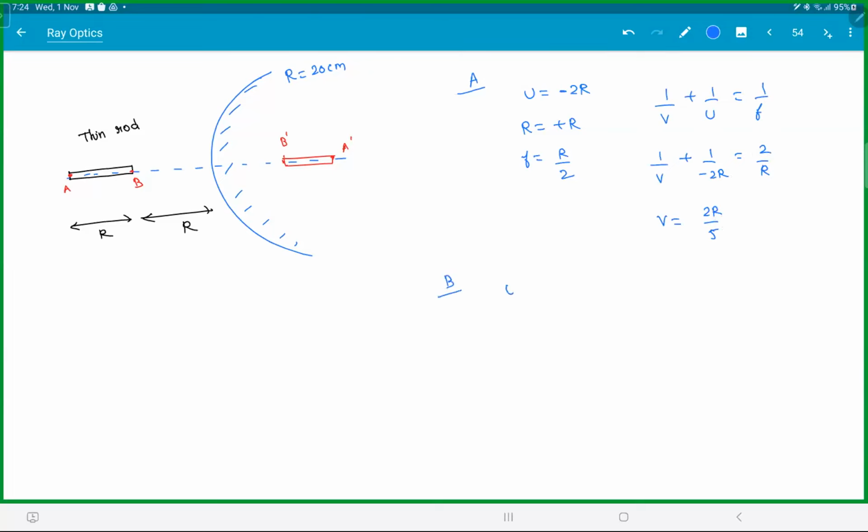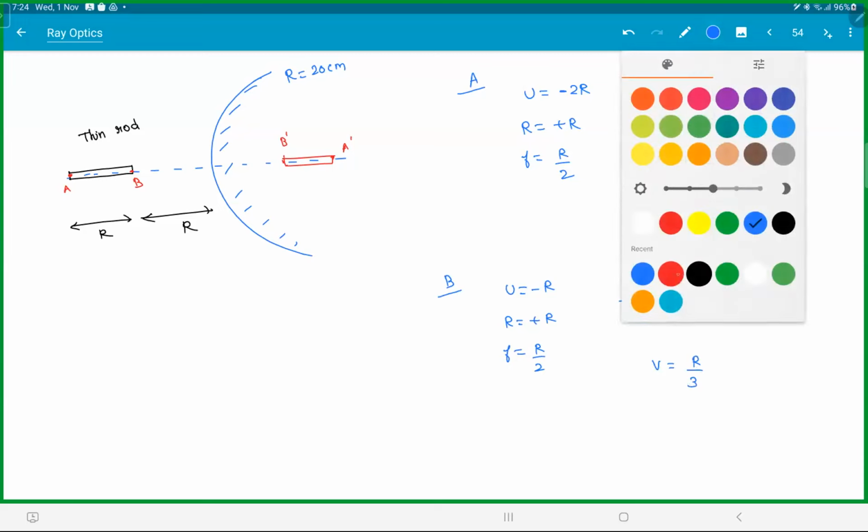When you do the same thing for B, u is equal to minus r. R is plus r. F is r by 2. This also we will stop writing from the next onwards. So 1 by v plus 1 by minus r is equal to 2 by r. So v is equal to r by 3.